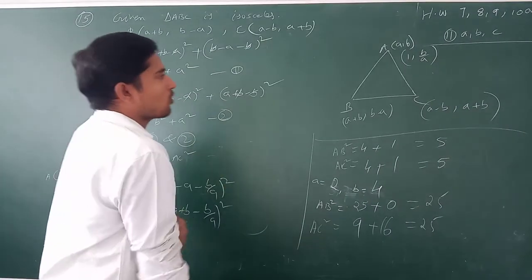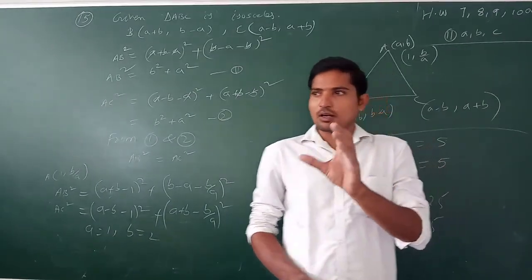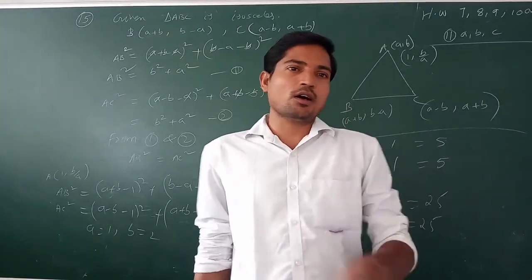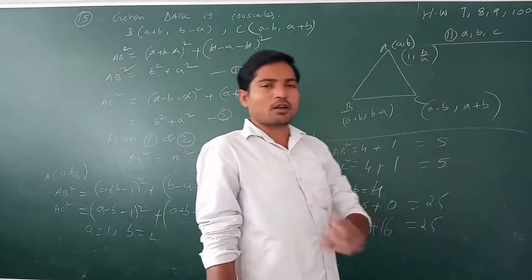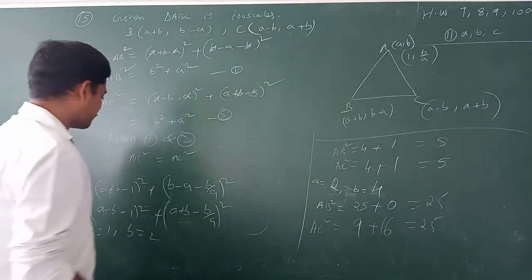Understanding? So the coordinates of A are A comma B and 1 comma B by A. Clear? Right.